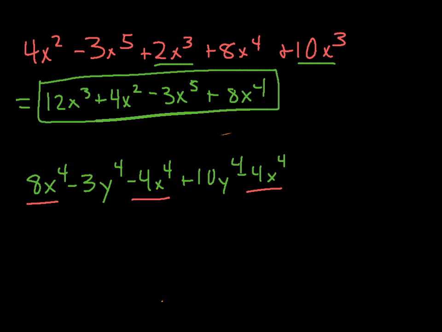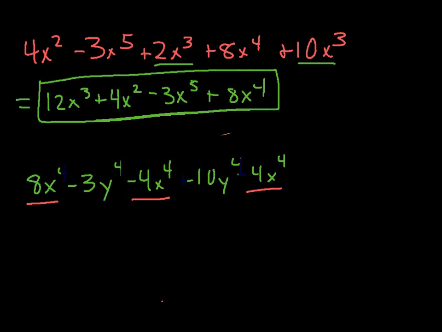I also have negative 3y to the 4th, and I also have 10y to the 4th. Okay? Now I want 8x to the 4th minus 4x to the 4th, so that's 4x to the 4th.